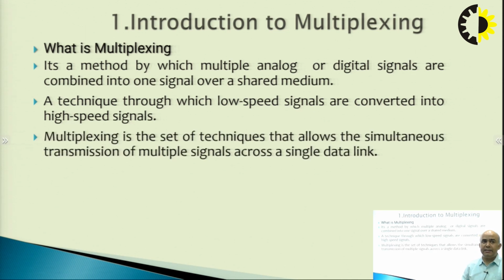Multiplexing is a set of techniques that allows simultaneous transmission of multiple signals across a single data link. In this, we use the multiplexer and the demultiplexer, which help in converting multiple signals into one, many to one, then transmit the data over the shared data link.